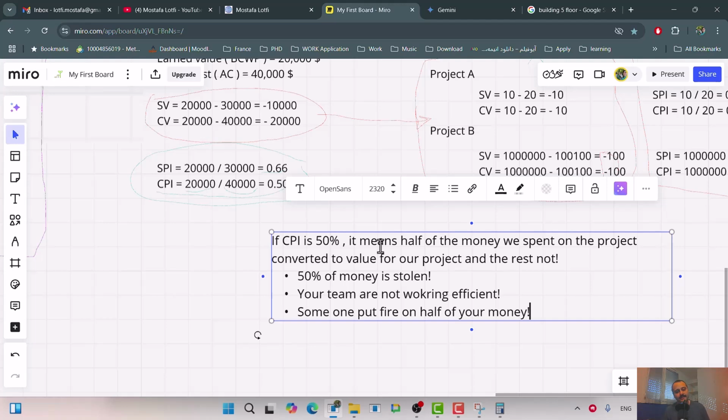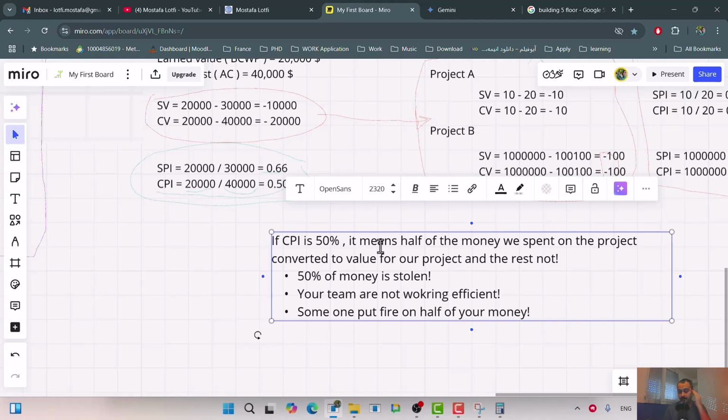At the end, the CPI is telling you that you only got value from 50% of the money, and 50% of your money was wasted. This waste can be stolen by someone, burned, or due to not working efficiently, making a lot of mistakes.